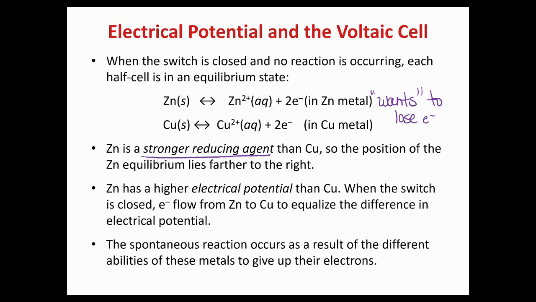And we're going to talk about that in mathematical terms. Sorry, I thought it was next, the math part. The copper, on the other hand, it has a much stronger affinity to gain electrons.